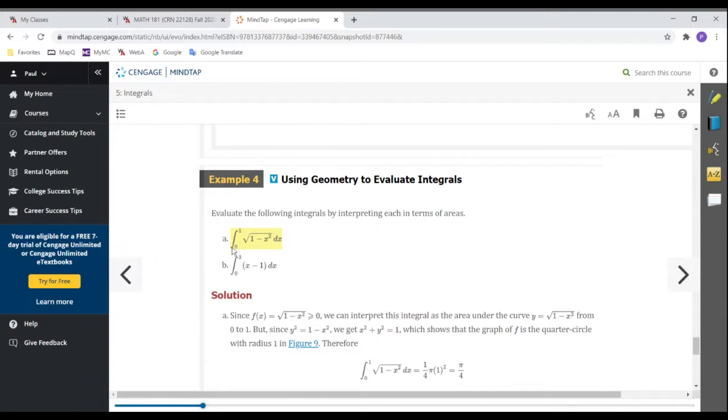Remember, this is y equals the square root of 1 minus x squared. Maybe what I'll do is go to the whiteboard for just a moment here. If you have y equals the square root of 1 minus x squared, which was in example 4, part A, sorry, let me make that a little bit nicer.